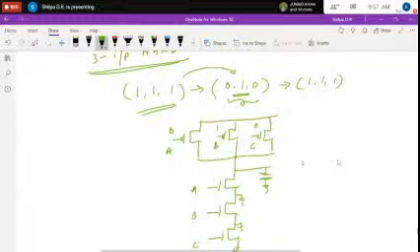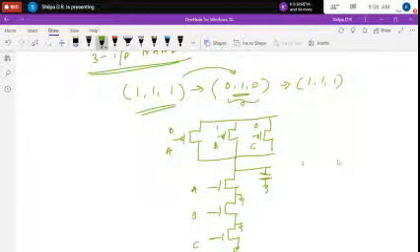Students? Yes, ma'am. Please calculate. Ma'am, one conceptual doubt. You said we apply 1, 1, 1 initially to ensure that our capacitances are discharged, so that we know the state of the system before we do anything with it. Correct? Yeah. So this capacitance you're referring to, is it all capacitances or just the load capacitance?